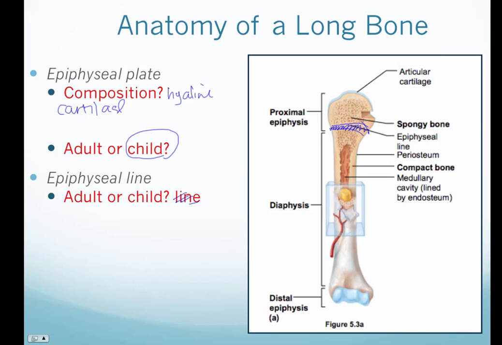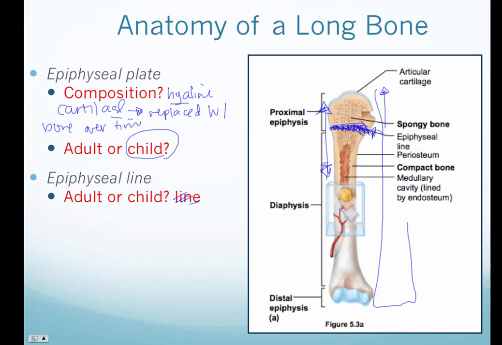And really what happens here is this cartilage can be replaced by bone, specifically hyaline cartilage. So over time, this can be replaced by bone. And this eventually will give rise to the elongation of our bones. And this is why it's so important during puberty. We have growth hormones start stimulating all the hyaline cartilage found over here, and then eventually it's going to get replaced by bone, and then over time that's how we get our growth spurts, and that's how we get our height. Okay, and so we find that in children.